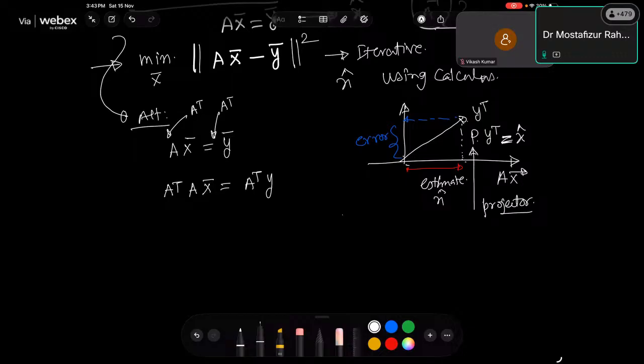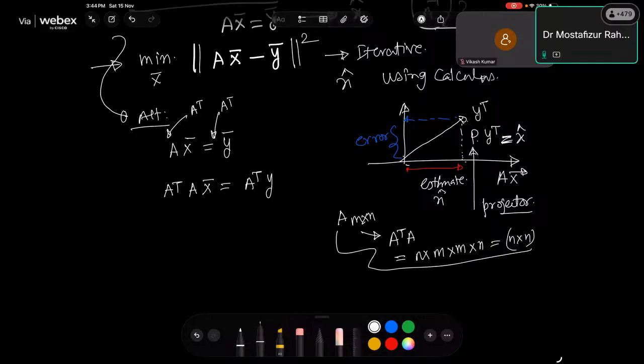A has dimension m cross n, so A transpose A will be n cross m times m cross n. Immediately it becomes an n cross n matrix, a square matrix, good for inversion, right?